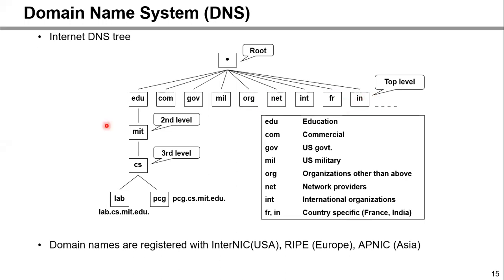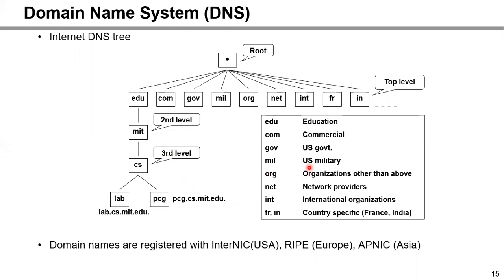Under the country you can also have multiple edu or gov. Com is for commercial, gov is for the US government, mil for the US military. If you have your own government, our government uses gov.in. If it is just gov, then the US has that power to use the direct gov.